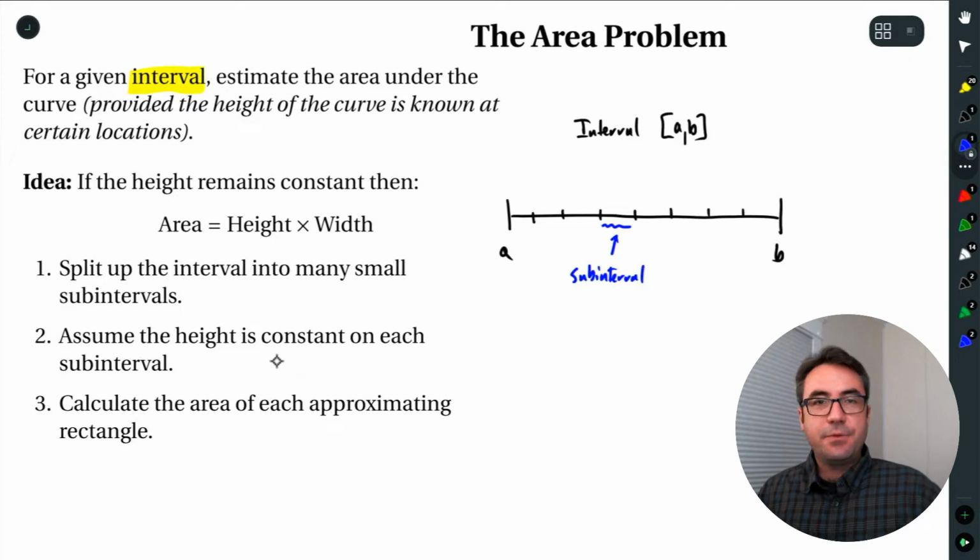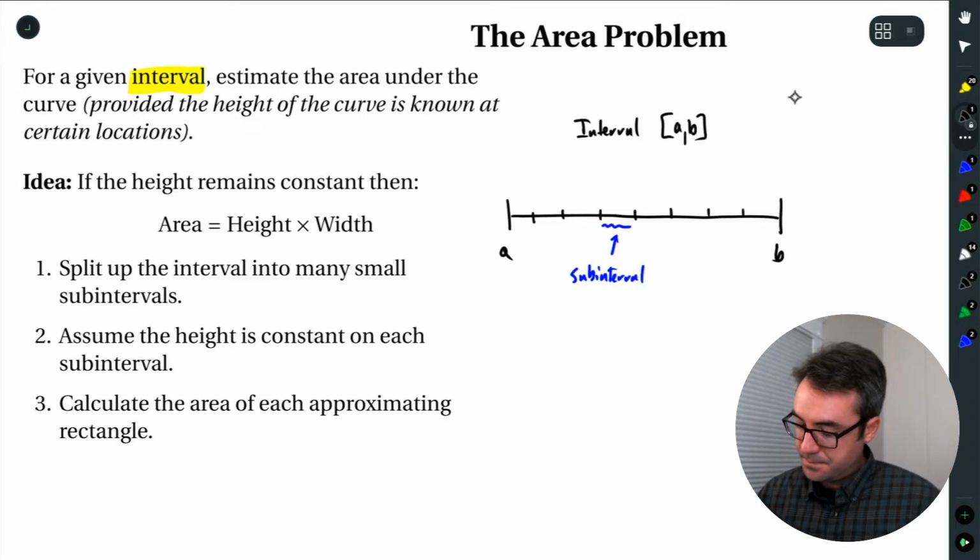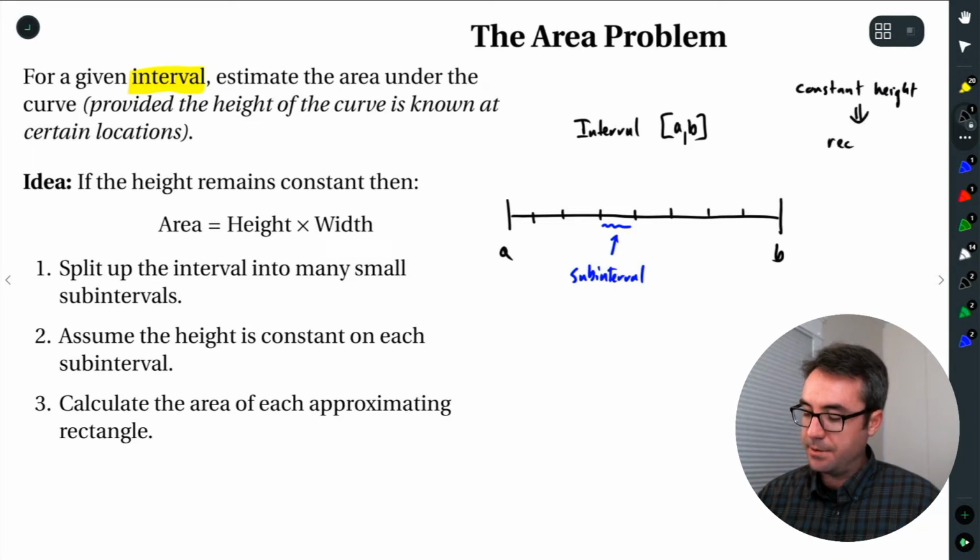And if we have a constant height, then we can figure out the area under that little section of the curve. Because if we have a constant height, that means rectangle.